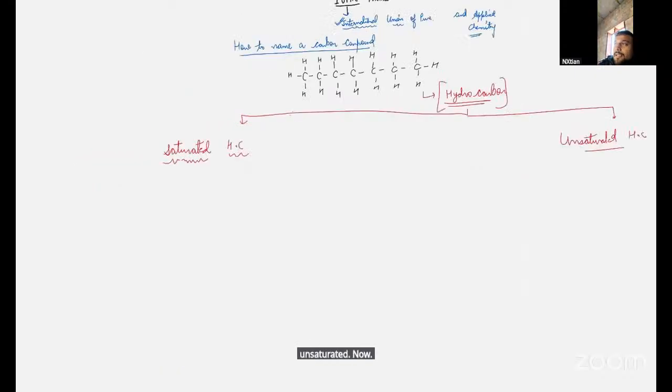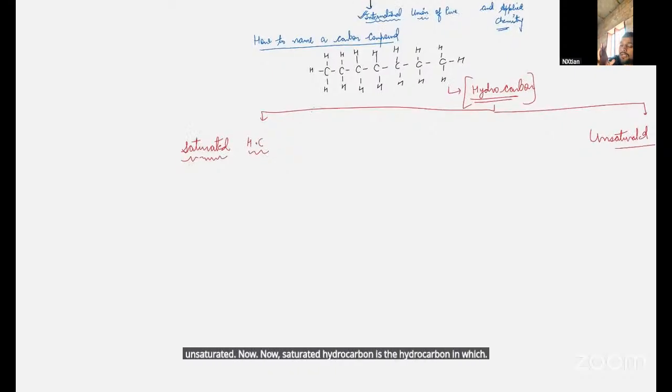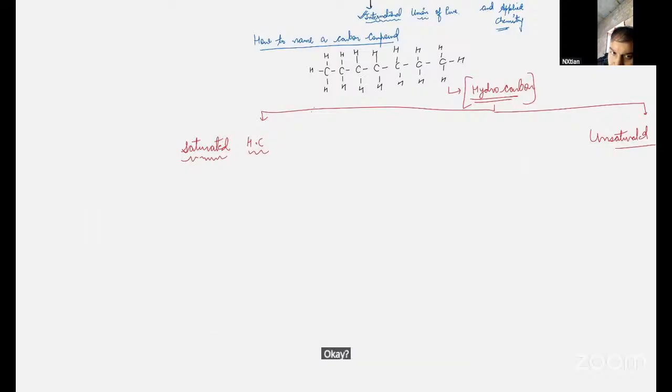Now, saturated hydrocarbon is the hydrocarbon in which the carbon and carbon has only a single bond. Okay. Now, everyone, please pay attention.